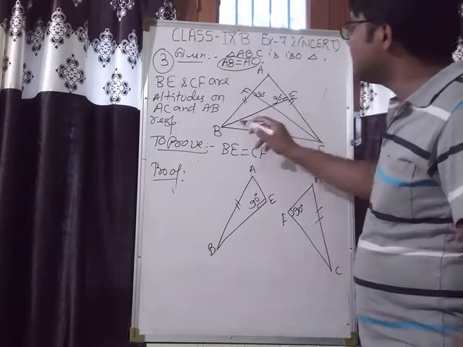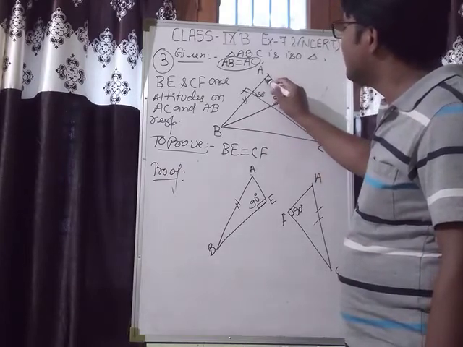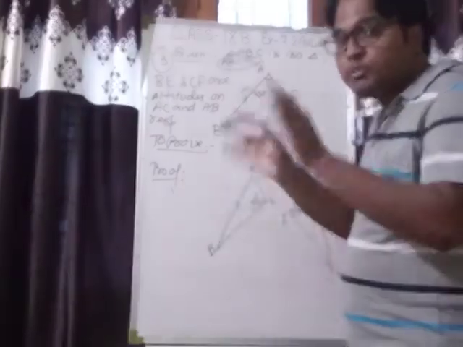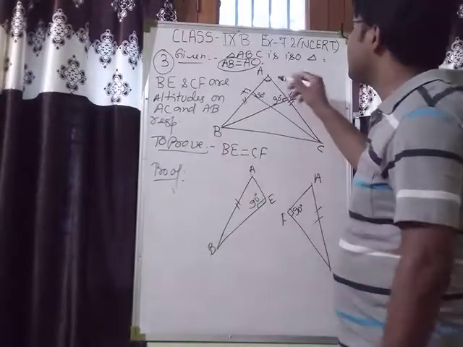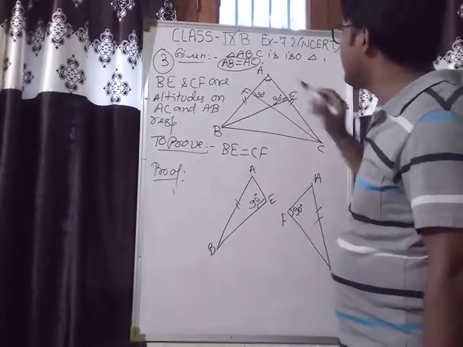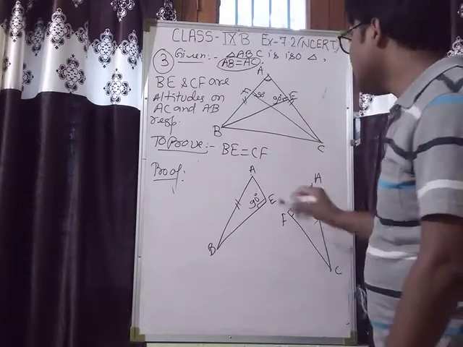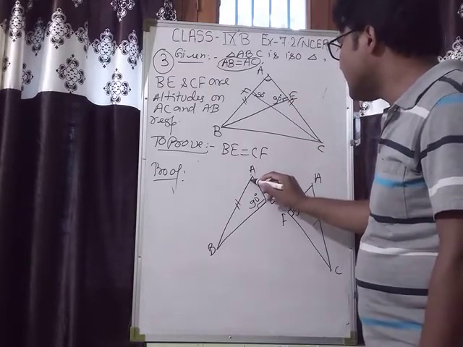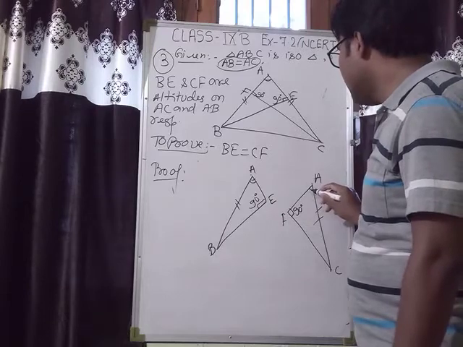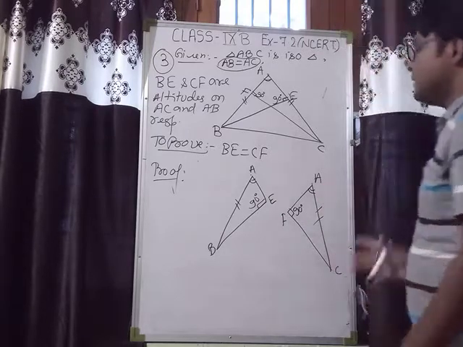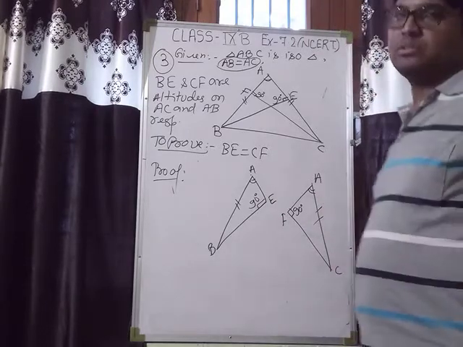And you can see angle A is present in both triangles, BAE as well as CAF, so this angle is common in both the triangles.